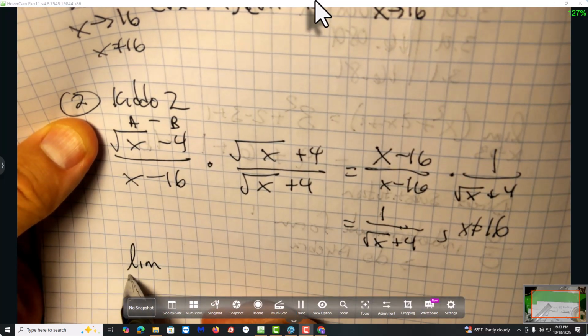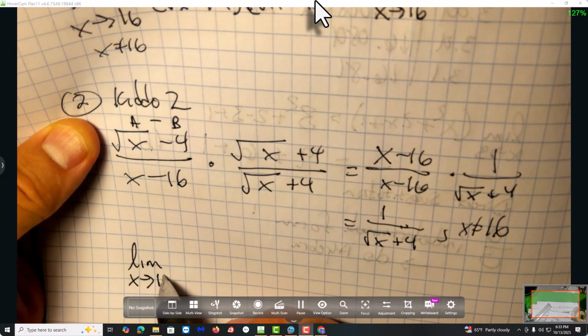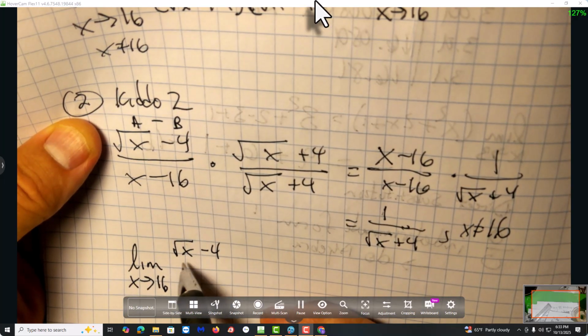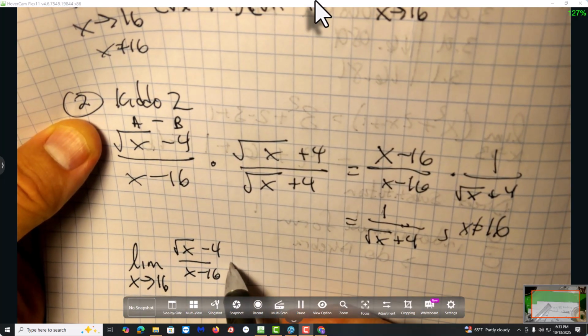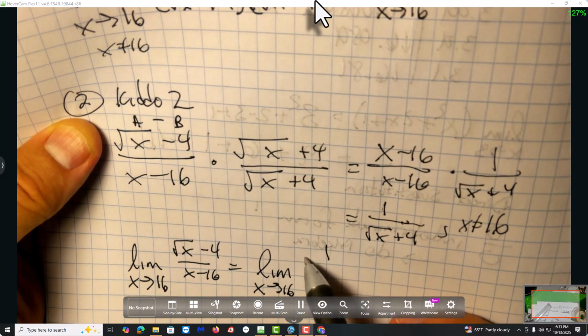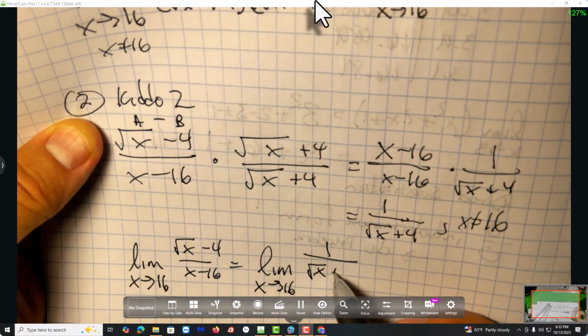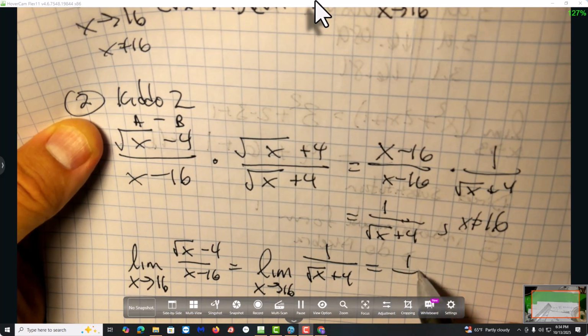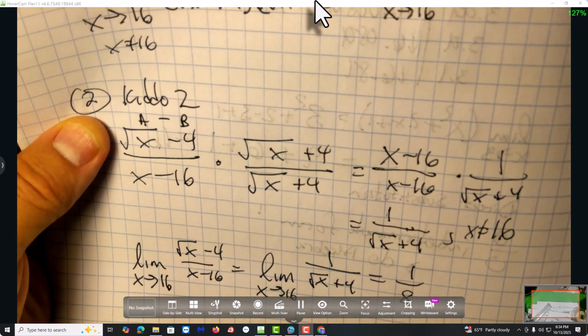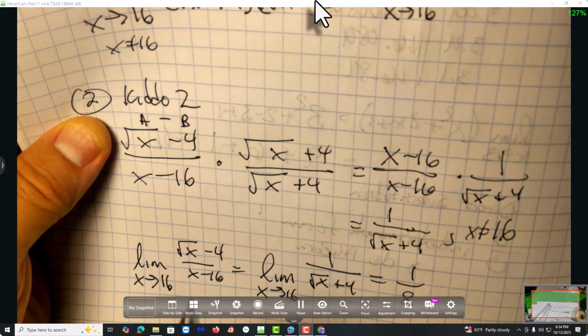So the limit as x goes to 16 of the square root of x minus 4 over x minus 16 is the limit as x goes to 16 of 1 over the square root of x plus 4. And we've already gone through this and we know it's 1/8. So now notice both those students looked at it a little differently and they were able to get the right answer.